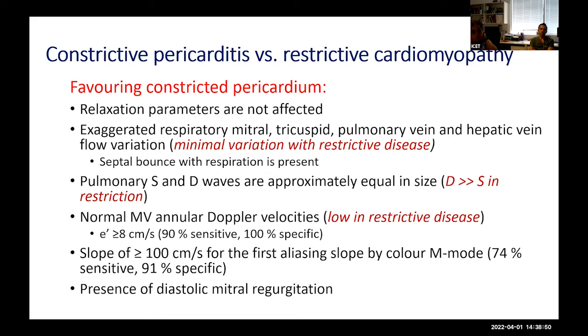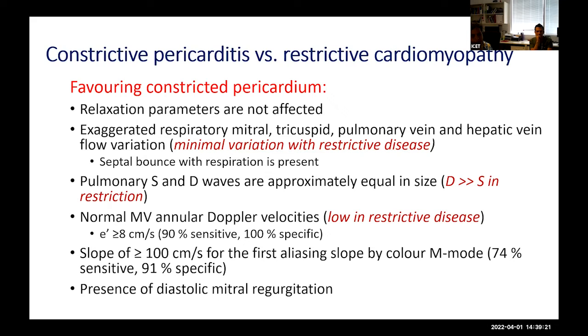Your pulmonary S and D waves are approximately equal with constriction, whereas the D wave is greater than the systolic wave when you've got restrictive cardiomyopathy. And last and most importantly, you've got normal mitral valve annular Doppler velocities, i.e. your E prime is normal in constriction, but low in restrictive cardiomyopathy.